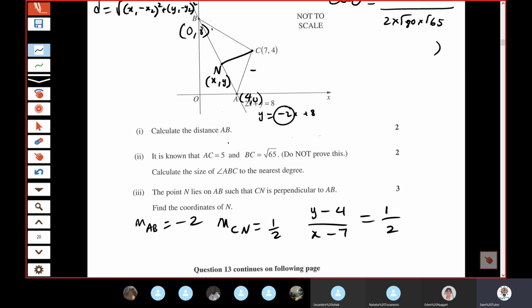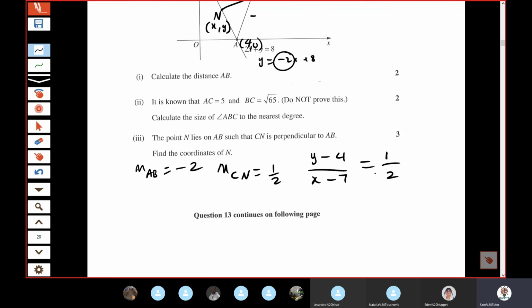So x and y lie on this line: 2x plus y equals 8. That's one equation, because it lies on that line. Yes, equate them, simultaneous equations. So you've got one equation here, let's cross multiply: 2y take away 8 equals x take away 7.